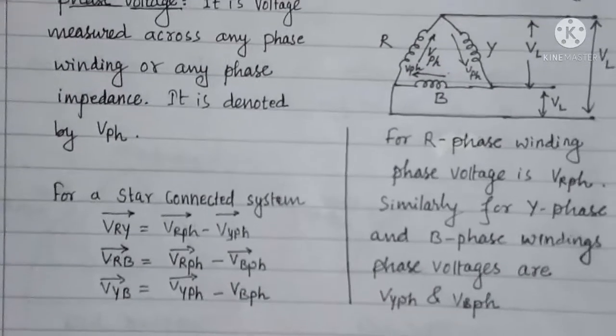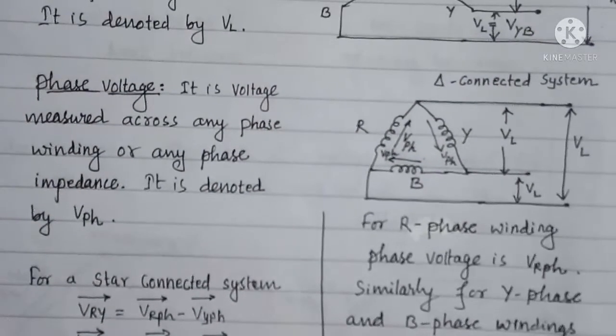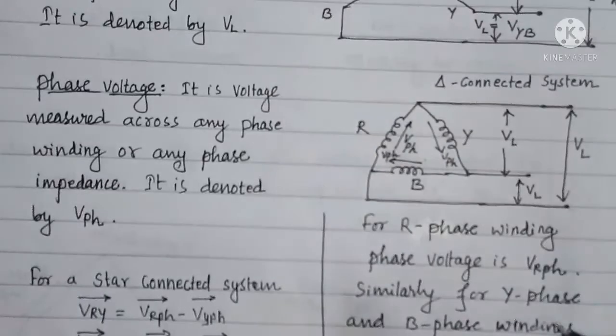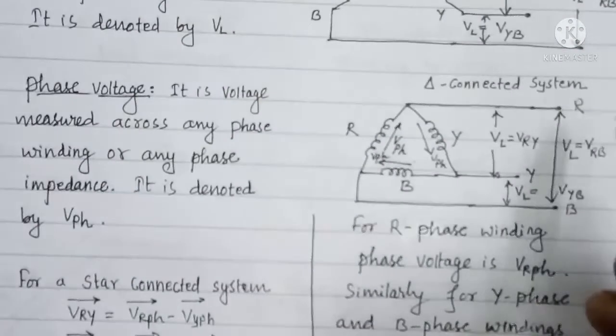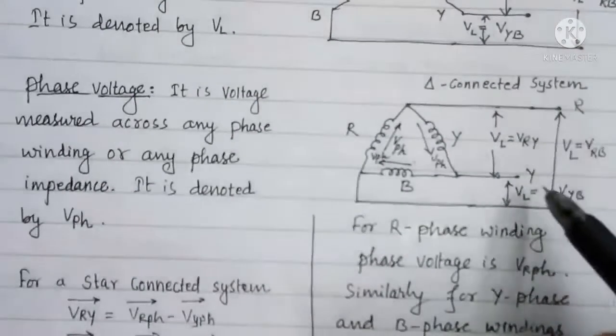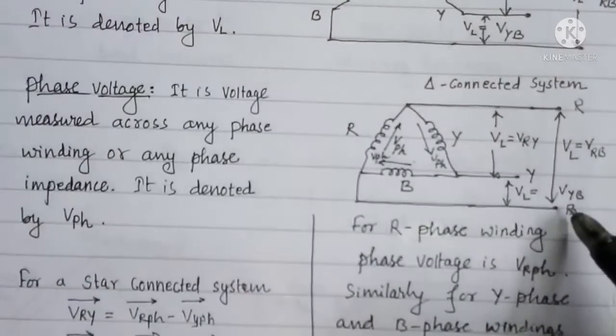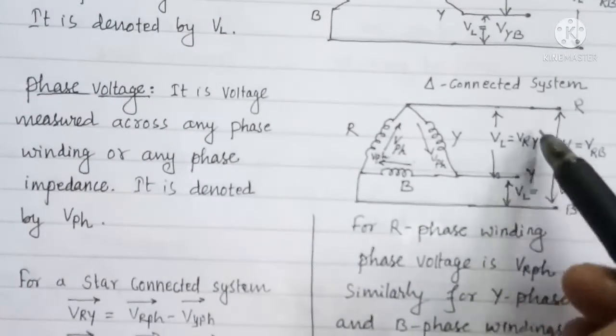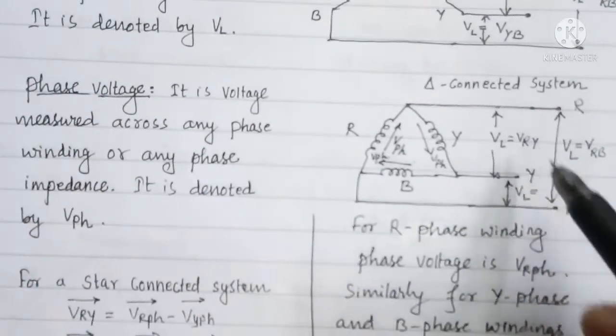But in case of delta connected system, what is the relationship between line voltages and phase voltages? Here I have named the first conductor as R line, second conductor as Y line, third conductor as B line. Voltage measured between R line and Y line is line voltage VRY.